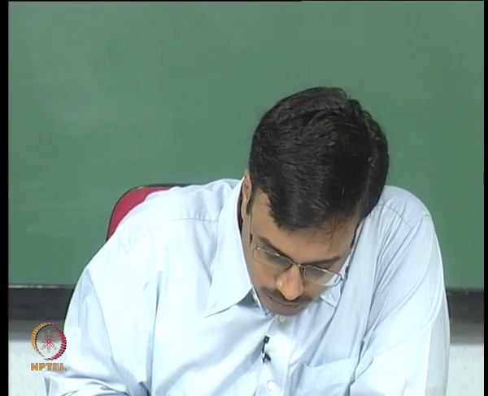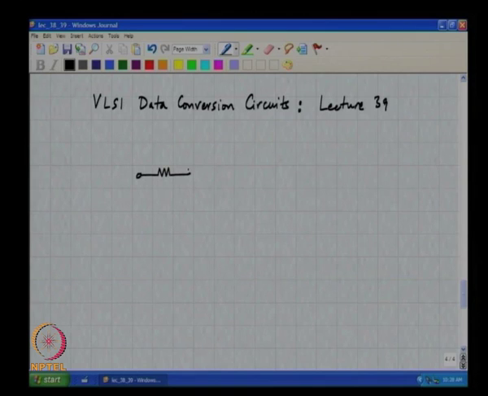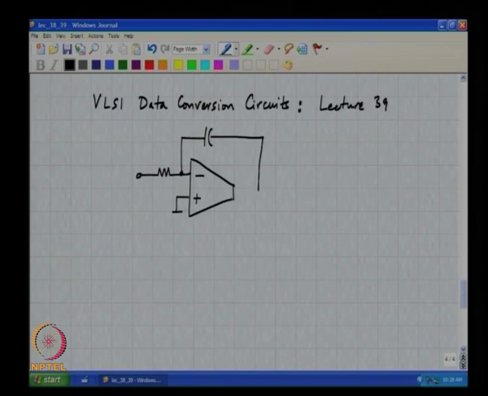So, if we take the example of the single stage structure, it has several noise sources.